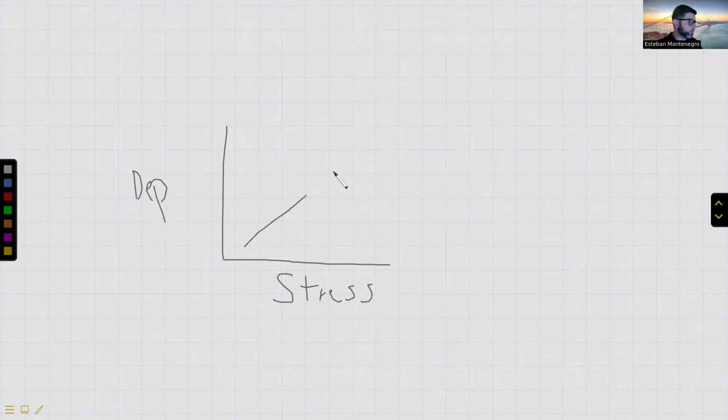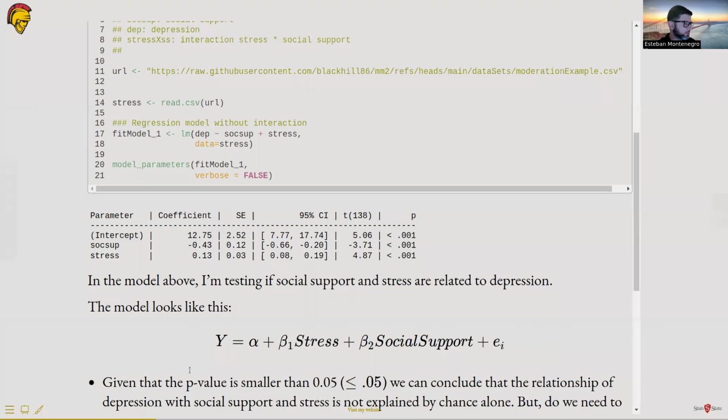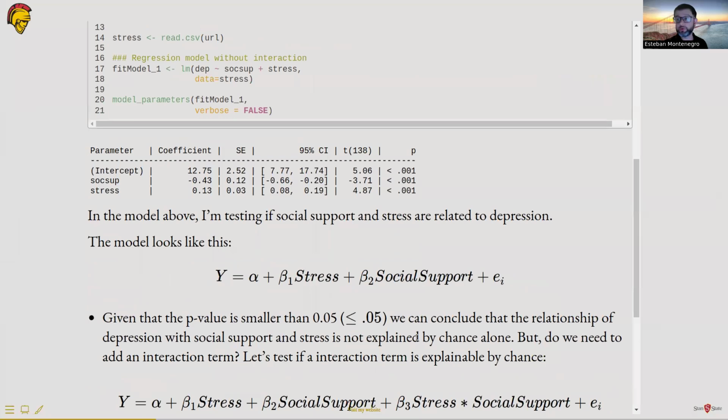The relationship is positive. That means that when people are more stressed, they have more depression. That also makes sense, right? If you are very stressed, your relationship between stress and depression gets stronger, right? So it kind of reflects what we already know, right, about psychopathology.